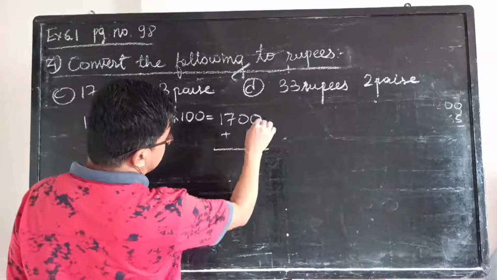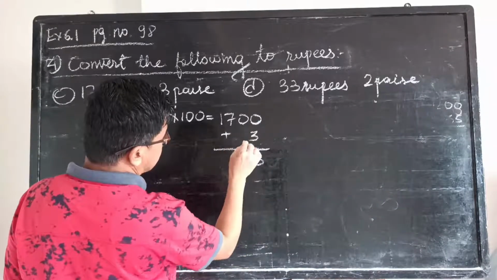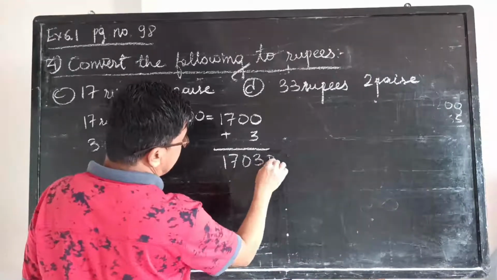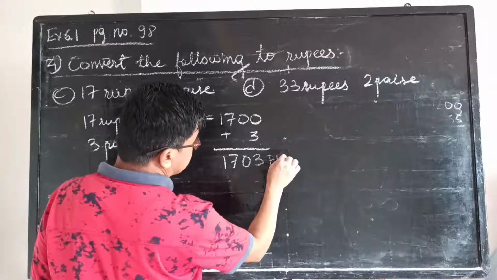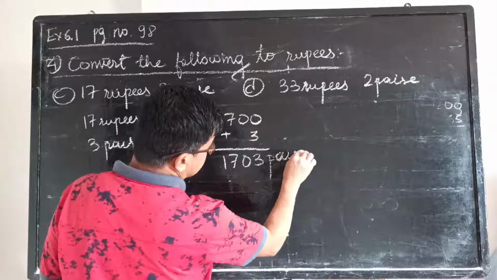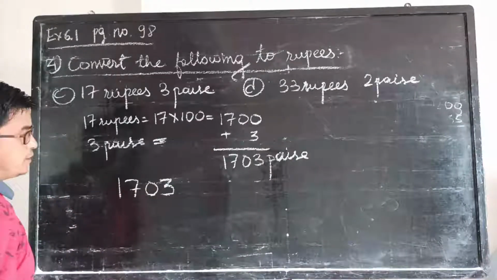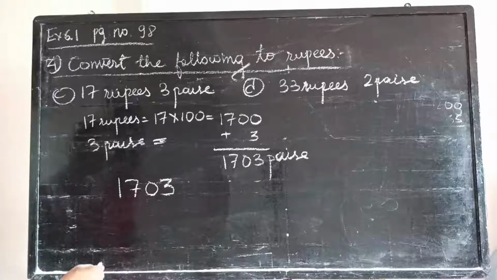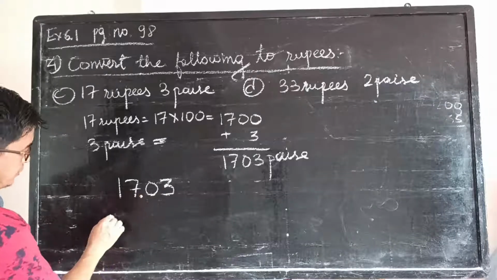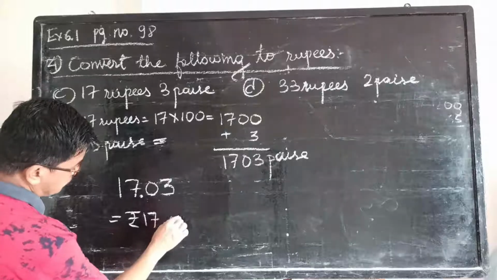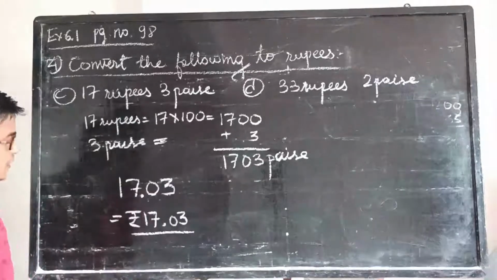Now add 0 plus 3, 3, 0 plus nothing here, 7 plus nothing here, 1703 paise. Now you write here 1703 paise. Then 2 digits from the right you put a dot. That is equal to rupees 17.03. This is the answer.